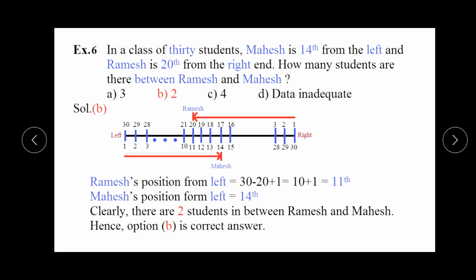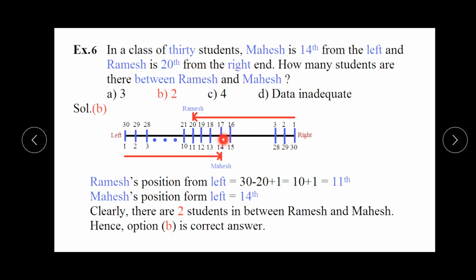From the next example, we can clear this. In a class of 30 students, Mahesh is 14th from the left. This is the position of Mahesh from the left side, and this is the queue of 30 persons. Next, Ramesh is 20th from the right hand.